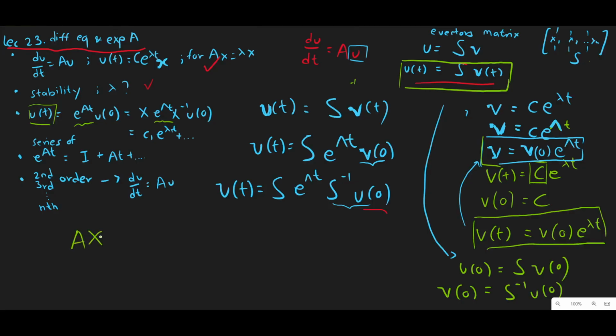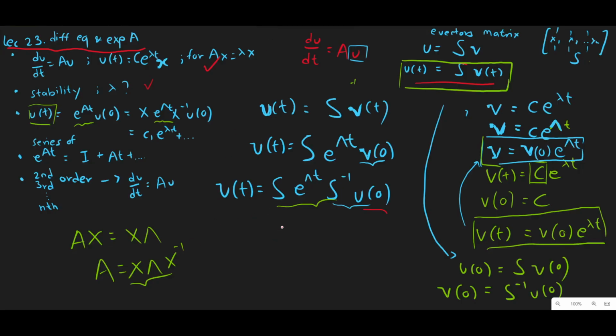A times the matrix of eigenvectors is x times lambda. Then A is x lambda x inverse. You see the similarity here. So this is just expressing it in terms of the exponential.